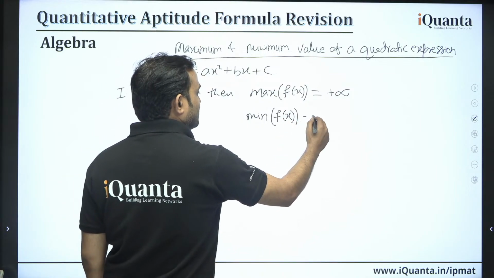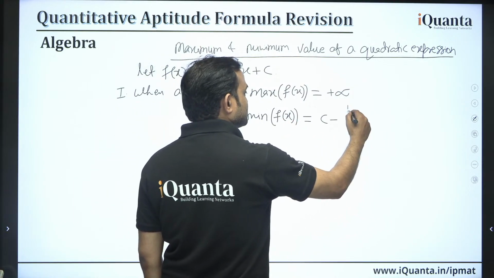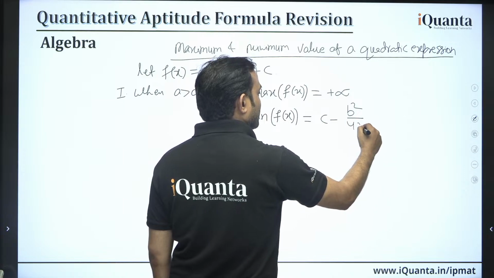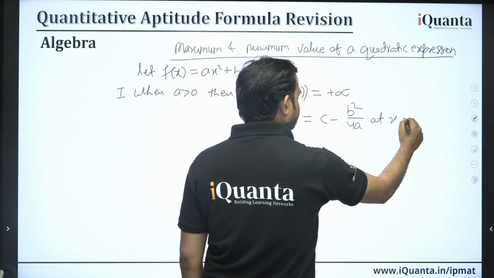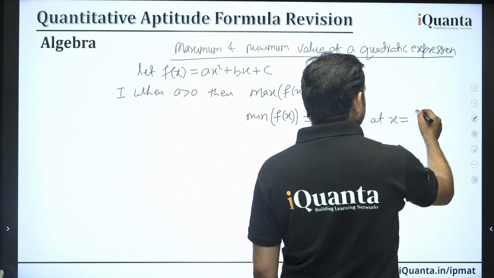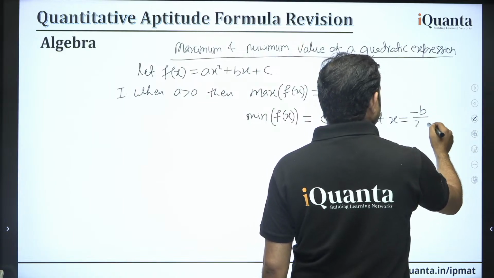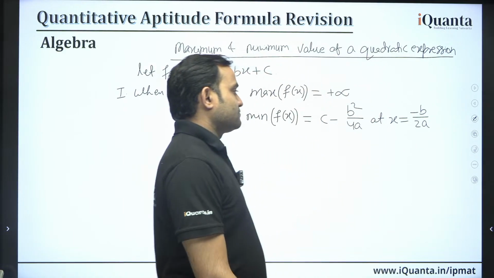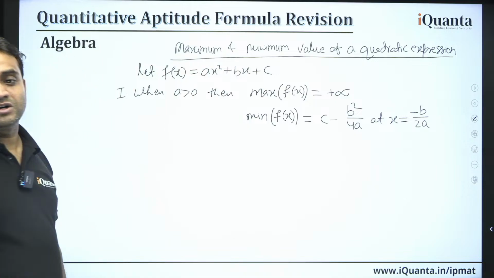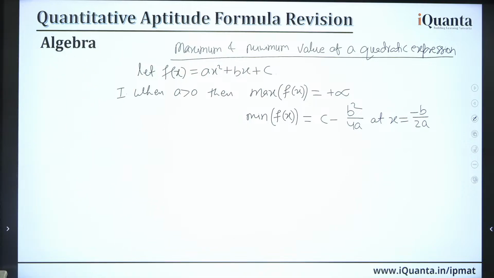The minimum value of f(x) will be c minus b square upon 4a at x is equal to minus b upon 2a. ठीक है, at minus b upon 2a, you get the minimum value of this expression.